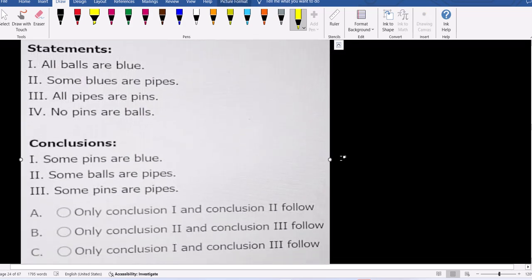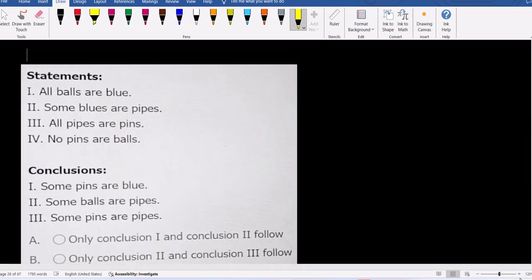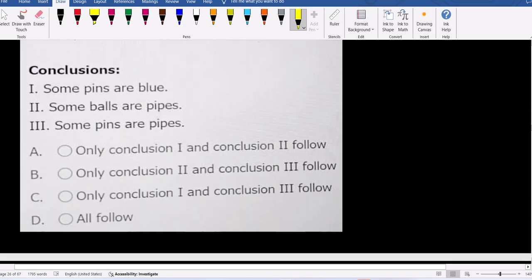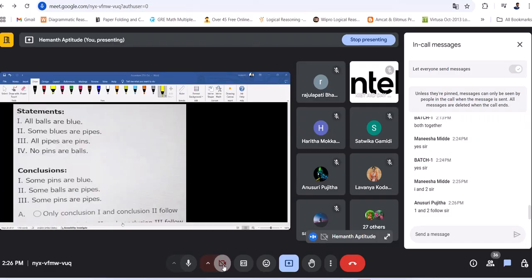Now here, I believe people can watch the screen. Options, here also only one is wrong. Find it out. Which is wrong here?